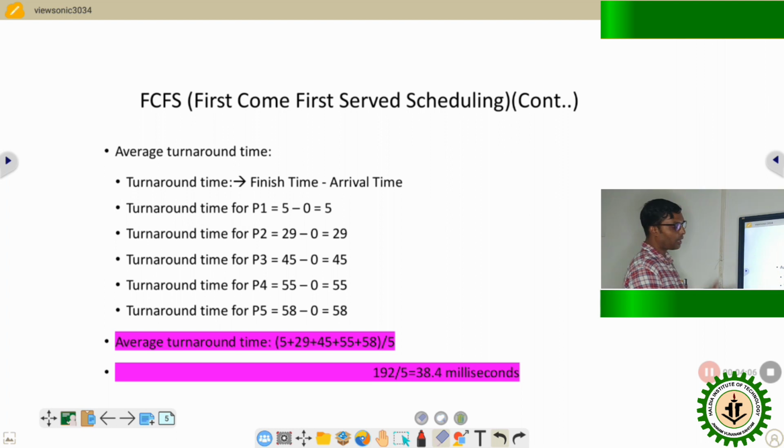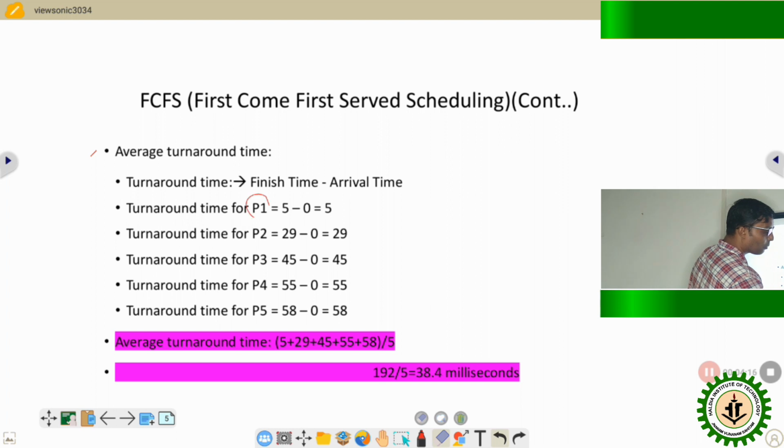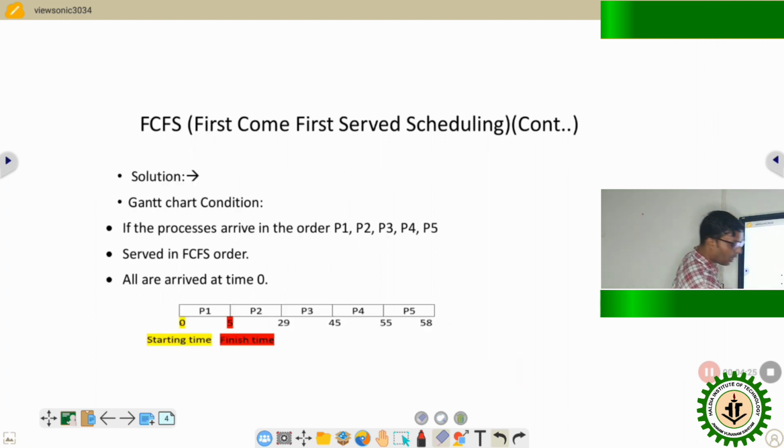First, we calculate the average turnaround time. We need to calculate the same thing for each of the processes, then we can find the average. For process P1, our formula says finish time minus arrival time. Process P1's finish time is 5, and the arrival time of all the processes in this chart is 0.